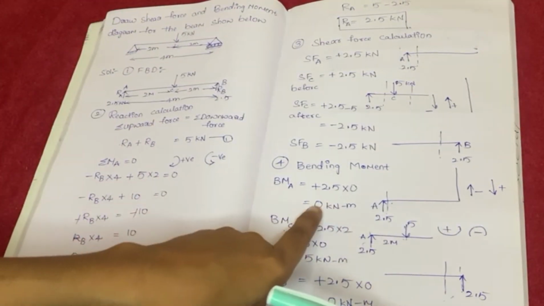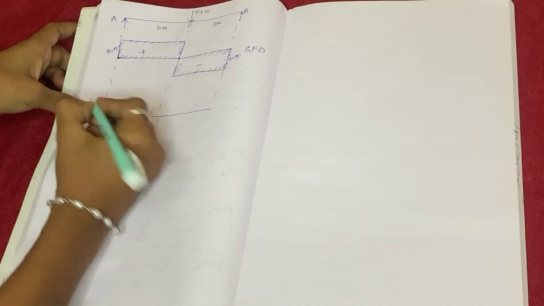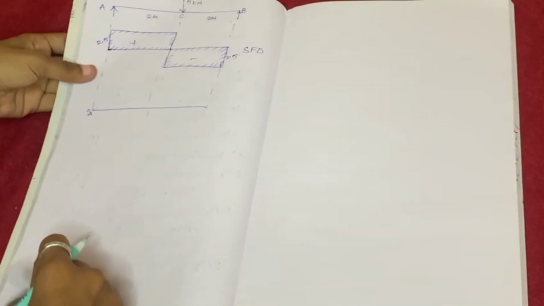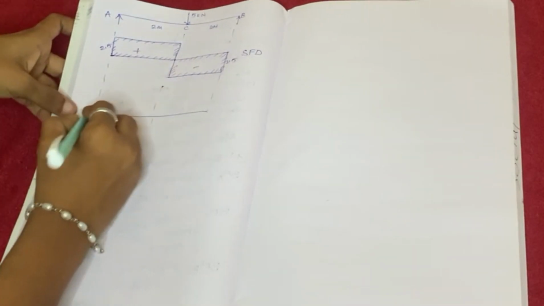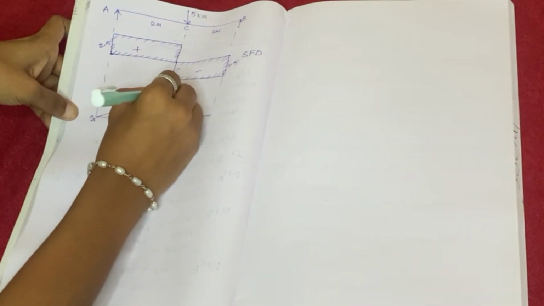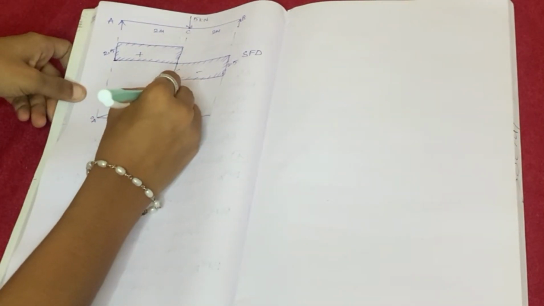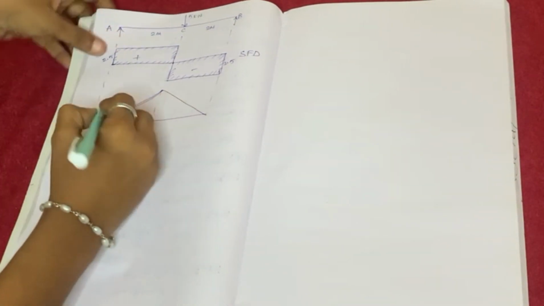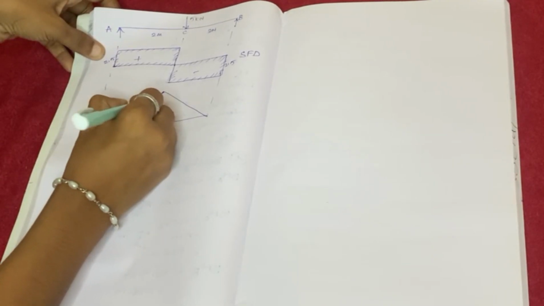Next, bending moment diagram. See, bending moment at A is 0. Next, bending moment at C is 5 kilonewton meter. Here I am taking 5 kilonewton meter. It is linear. And B is also 0. It is also a straight line, linear.